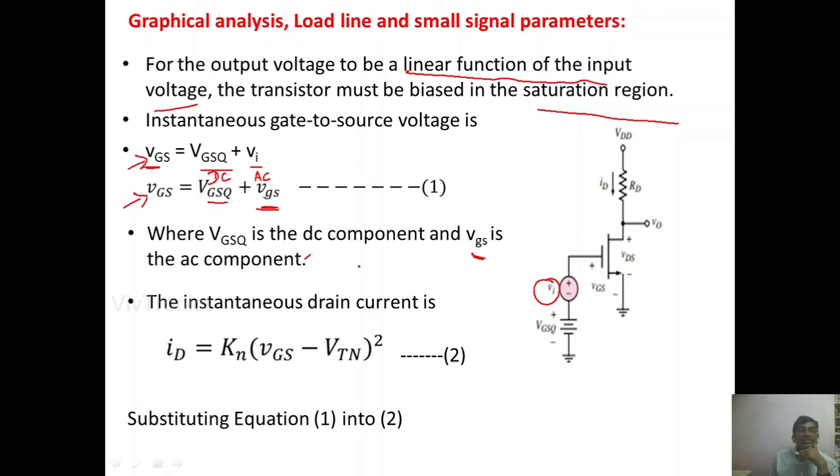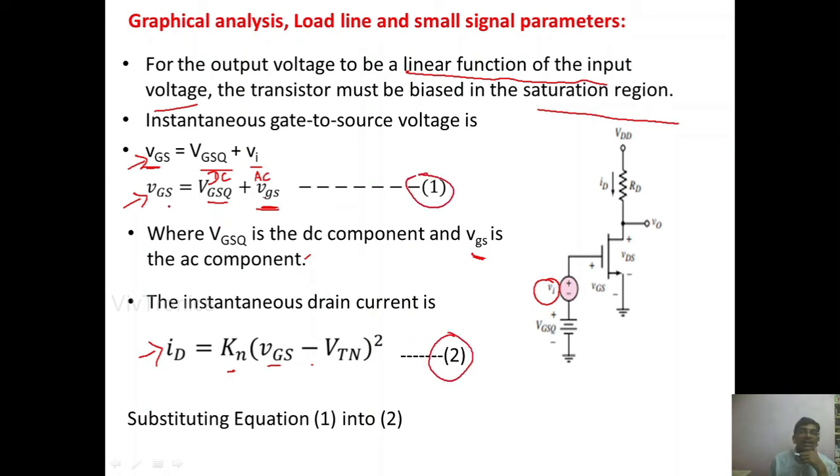Therefore the instantaneous drain current is given as ID is equal to Kn into (VGS minus Vtn) whole square. This is the equation for the saturation region drain current ID, which is Kn for the n channel MOSFET into (VGS minus Vtn) whole square. Now we are going to substitute equation number 1 into equation number 2.